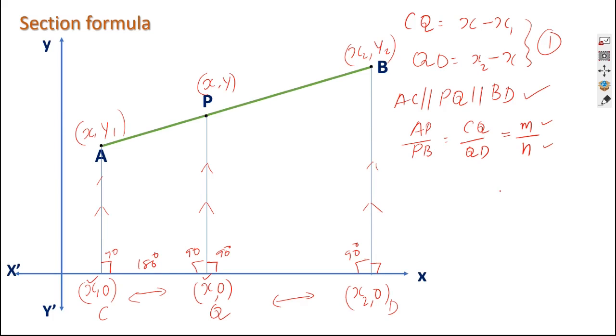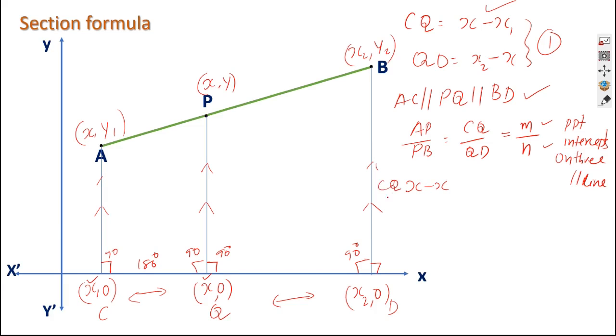In this case we are using the property of intercepts on three parallel lines, which I just reminded you of. That particular theorem we are using here. So AP upon PB, CQ upon QD is equal to M upon N. Now CQ we already wrote as x minus x1.